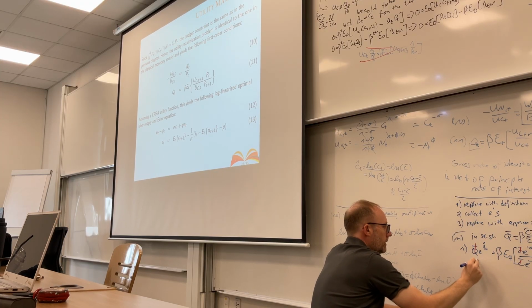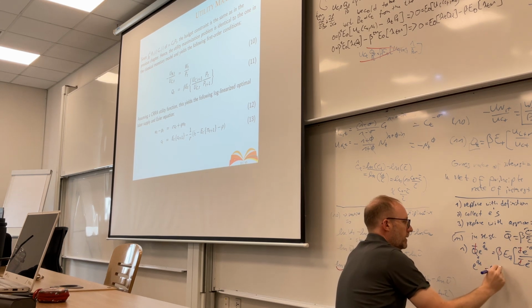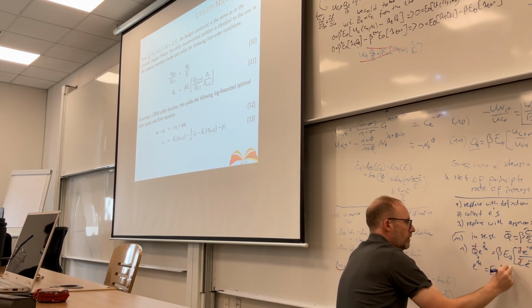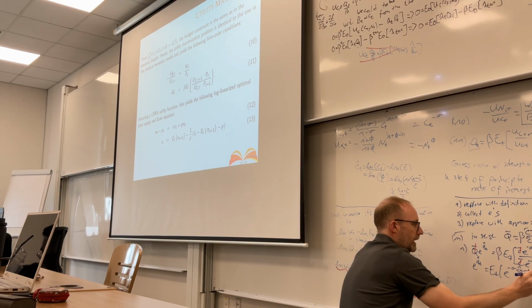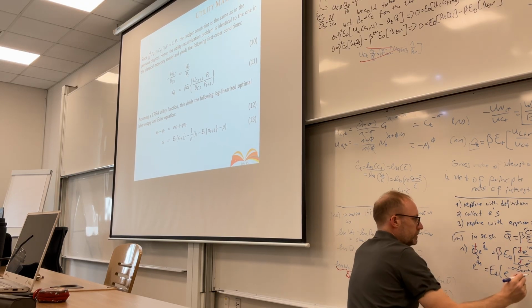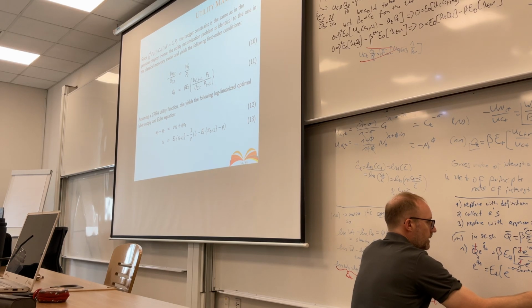E to the q hat t equals the expected value of e to the minus sigma c hat t plus 1 plus sigma c hat t plus p hat t minus p hat t plus 1.